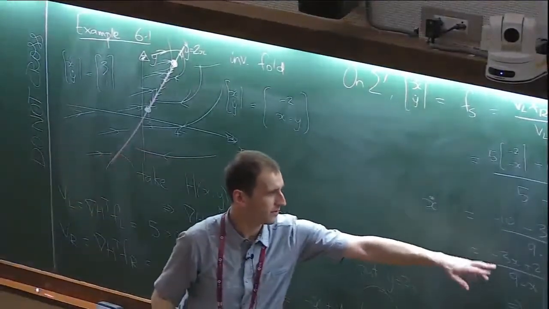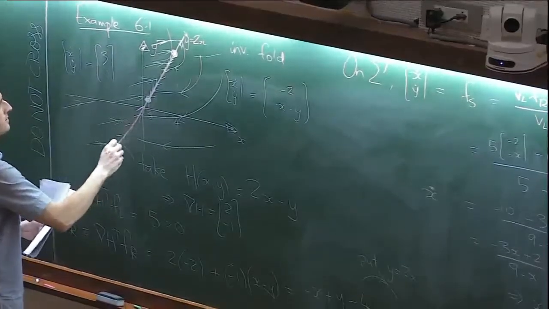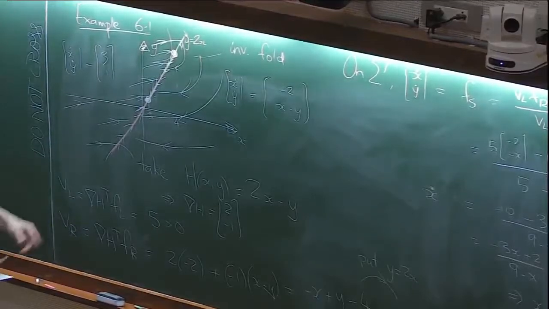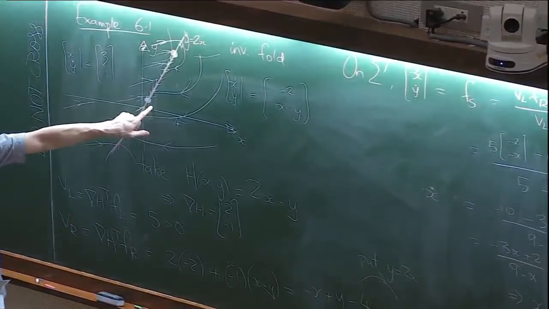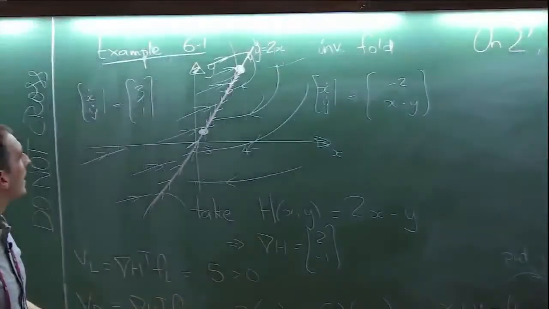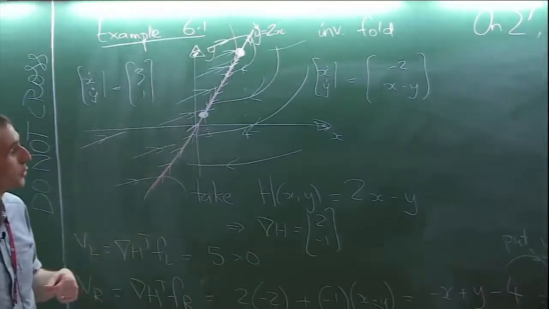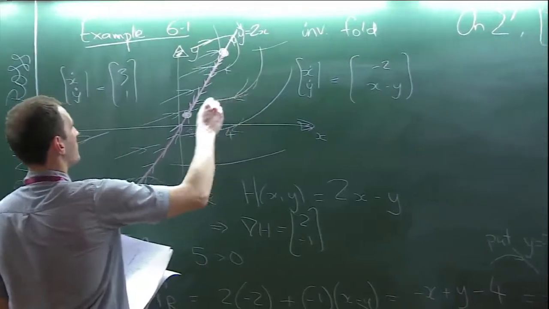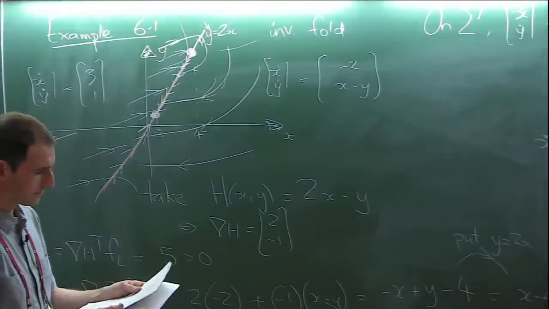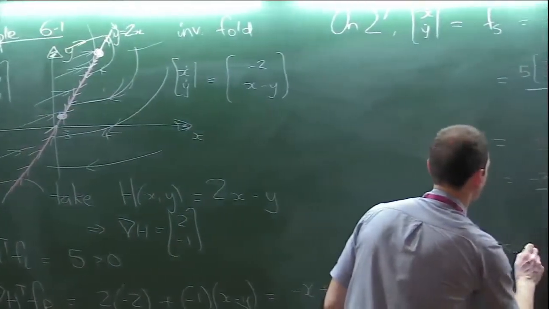If this is less than 2/3, this is positive, so x dot is increasing. So here's my pseudo-equilibrium. It's a stable pseudo-equilibrium because all nearby orbits converge to it.